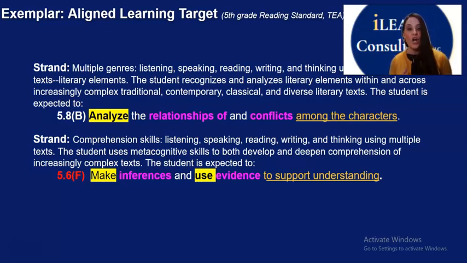They're there for us. We know we have analyze. Analyze what? Relationships and conflicts of who or of what among characters. Make what? Make inferences. And do what? Use evidence to support understanding.